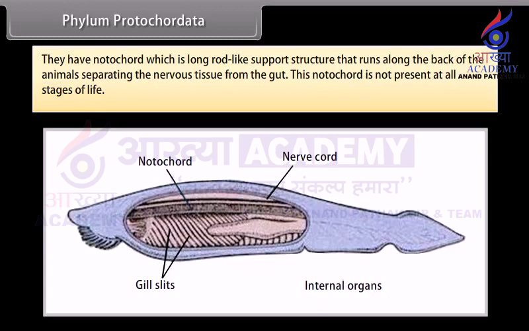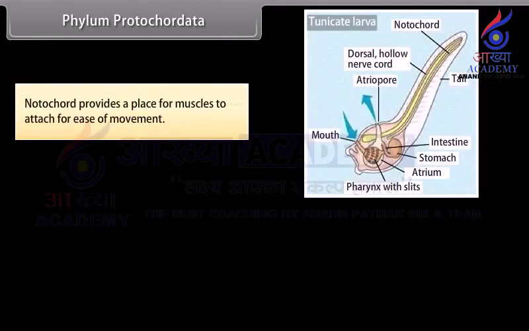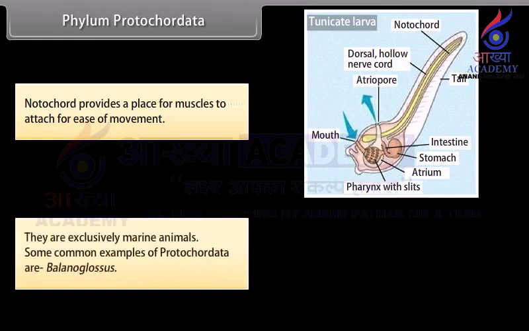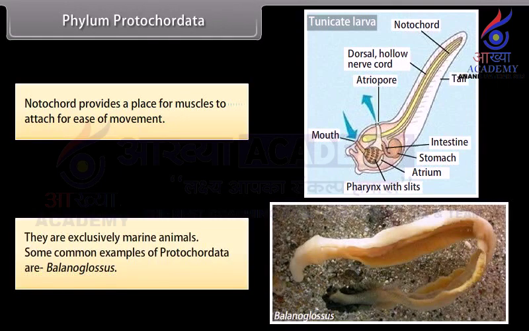This notochord is not present at all stages of life. The notochord provides a place for muscles to attach for ease of movement. They are exclusively marine animals. A common example of protochordata is Balanoglossus.